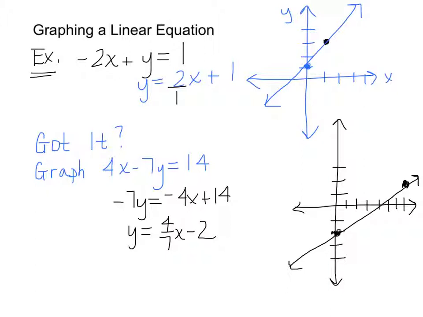Because here we had to start at negative 2, which is our y-intercept. And this time we had to go up 4 and then over 7. When you're trying to connect those 2 points, it may be good to use a straight edge to connect them. But remember, you only need 2 points to actually graph a line.